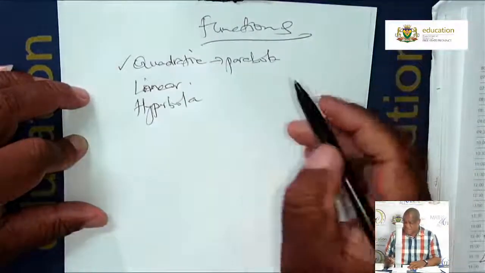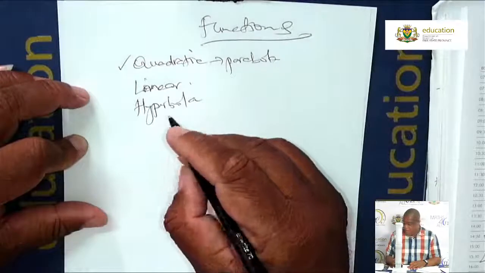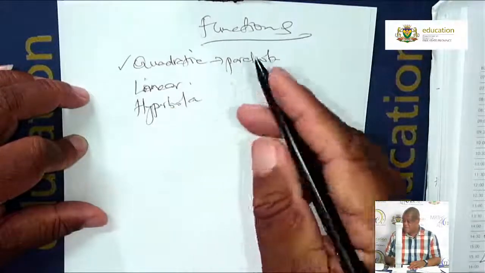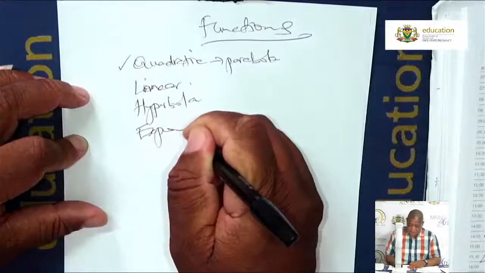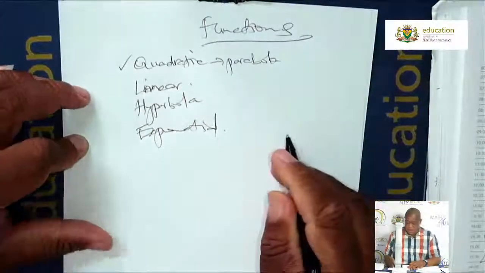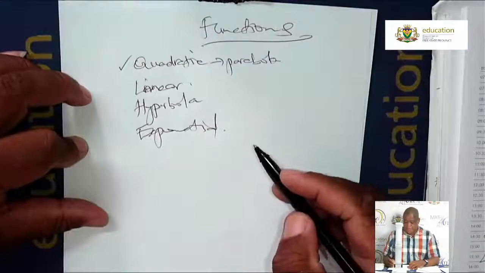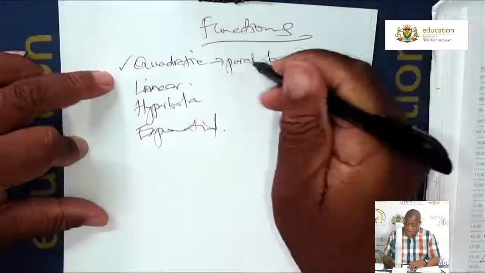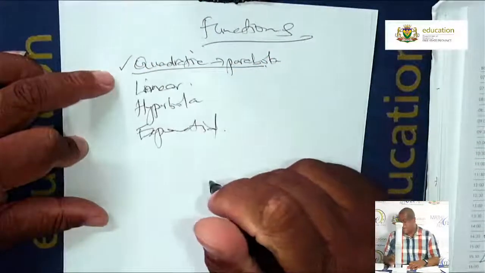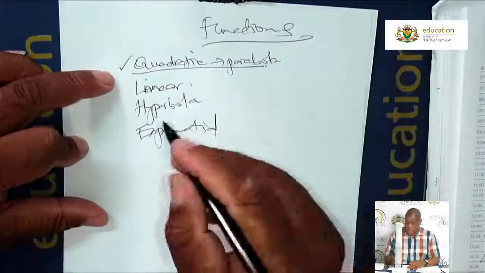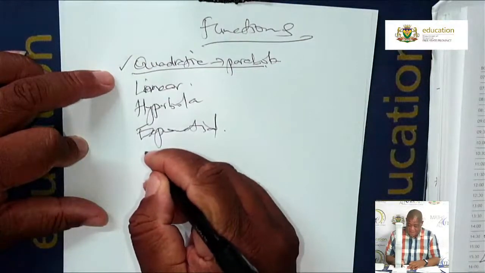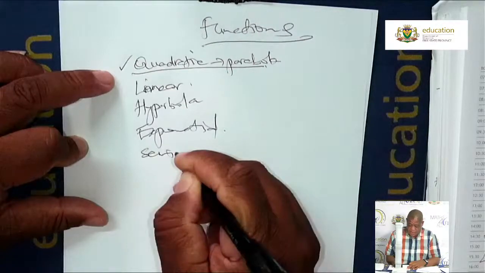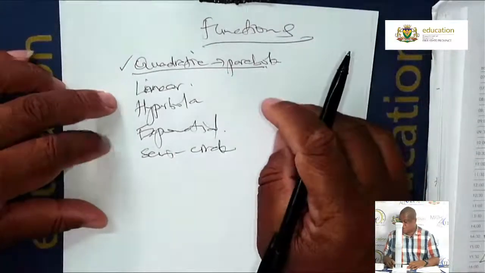Let us also know that from the hyperbola, we are also having the exponential function. And let us know each graph, how we deal with each graph. Let us not forget even the semicircle is part of this. Semicircle is also part of it.